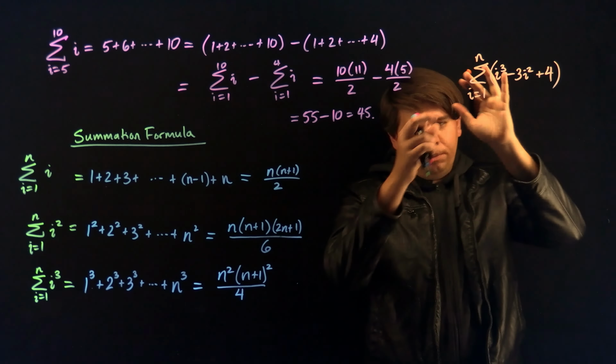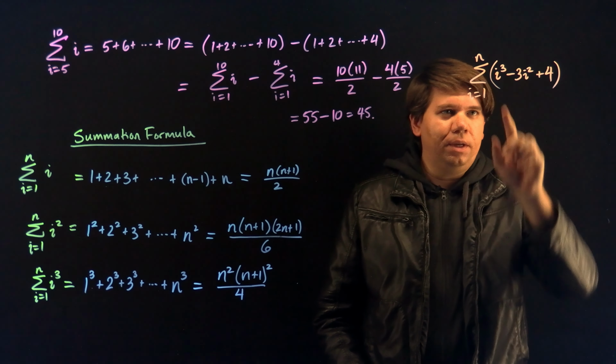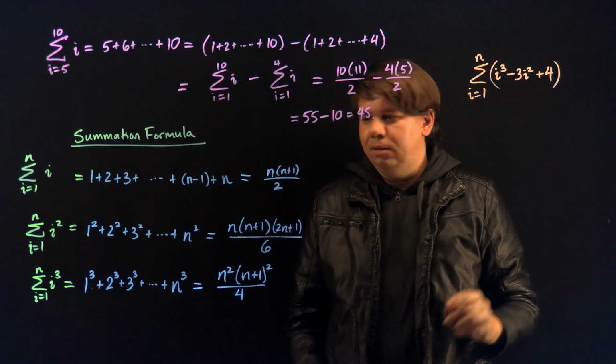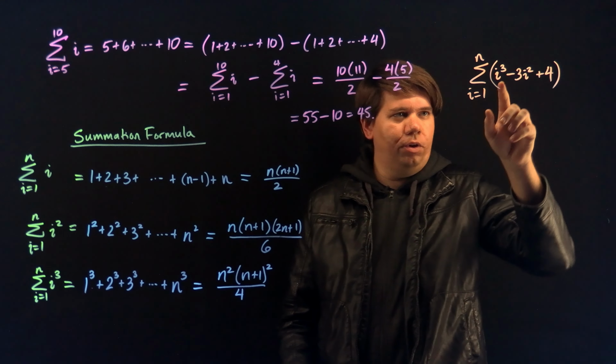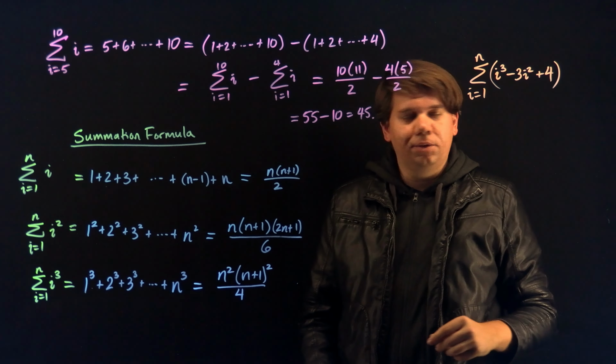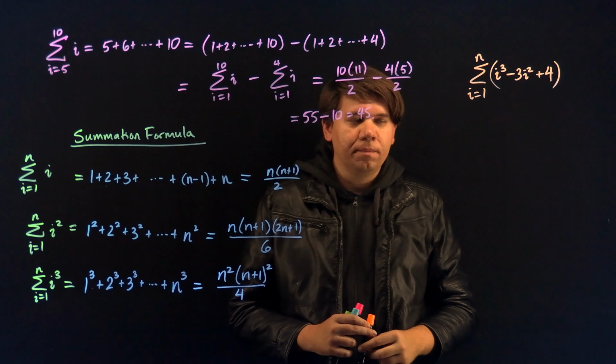Later on, if you want to plug some number in, like n equals 5, we can do that at the end. But let's try and think, how can we solve a problem like this? So this might seem elusive because we don't have a formula for something like this. We have a formula for i cubed, we have a formula for i squared, but we don't have something for minus 3 times i squared, right? So how might we do something like this?